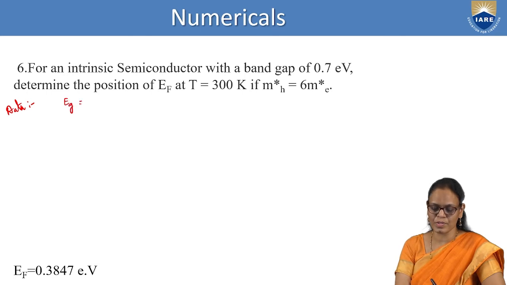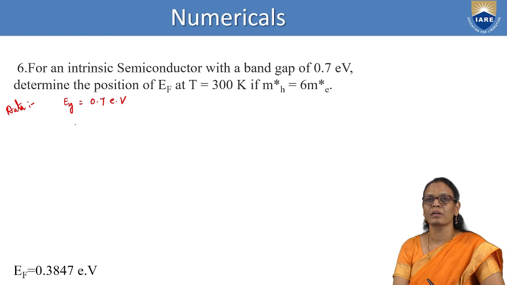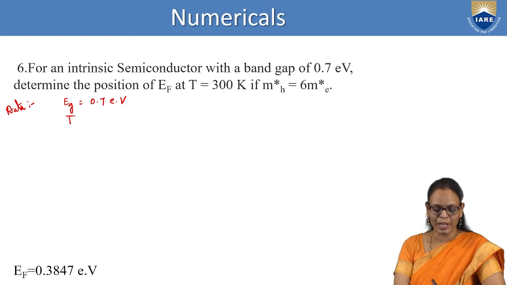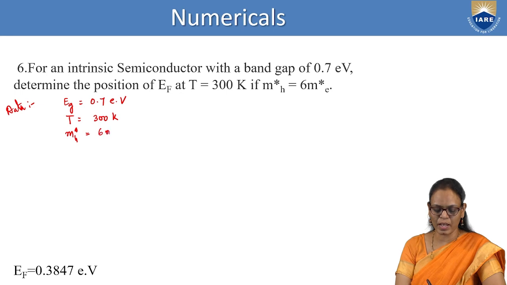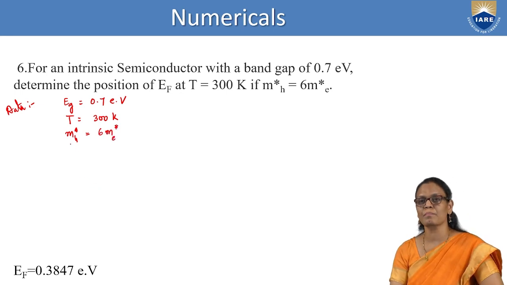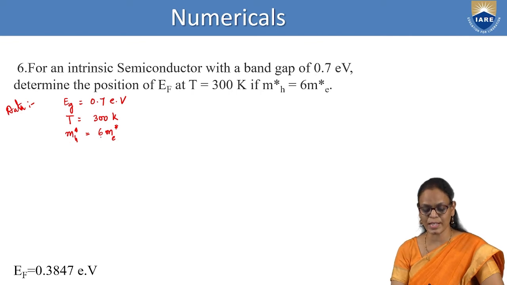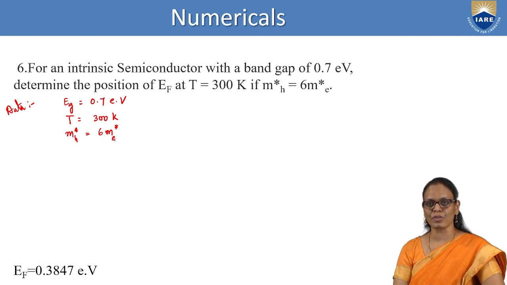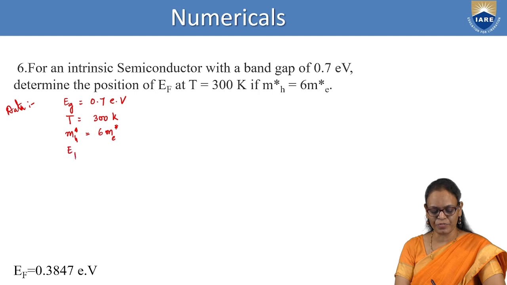Eg is equal to 0.7 electron volt. Temperature is 300 Kelvin. mH star is equal to 6 Me star. Slight modification in data. mH star, the effective mass of the hole, is 6 times the mass of the electron. We have to find EF.